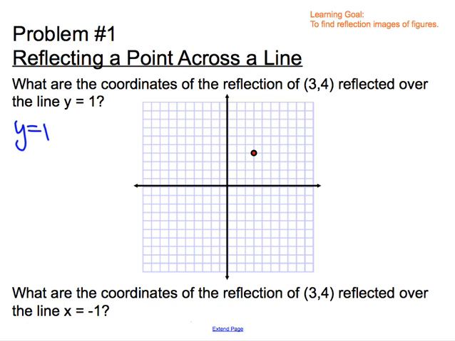If you recall, y equals 1 is going to be a horizontal line. So we have the point (0, 1), the point (2, 1), the point (5, 1), and so on and so forth. So we're going to connect those with a line.